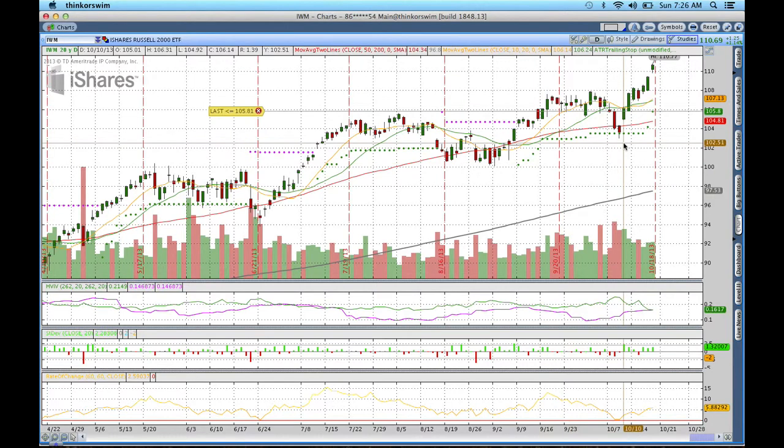But now I'm sort of looking at this and I don't have a position in the Russell anymore. And I'm saying, okay, well, this is my new stop level. 105.78, 105.80, I guess, you can see here it's saying 105.80. And this little arrow thing over here is just an alert. So if price hits that level, that's a warning to me that I need to be watching a position that might be open if I have one.